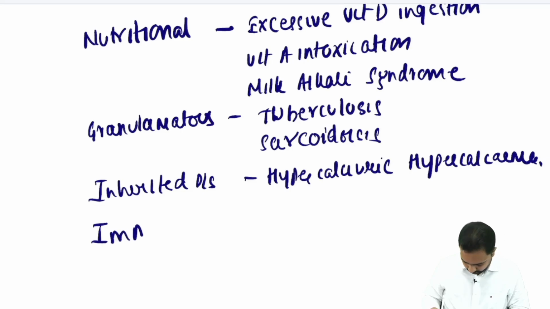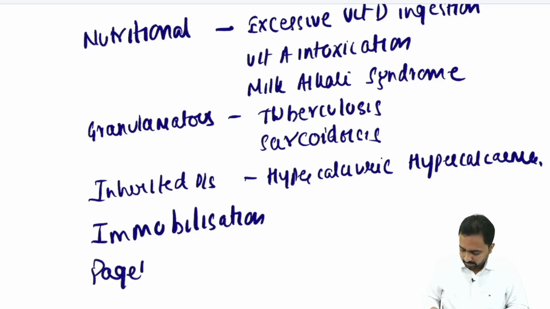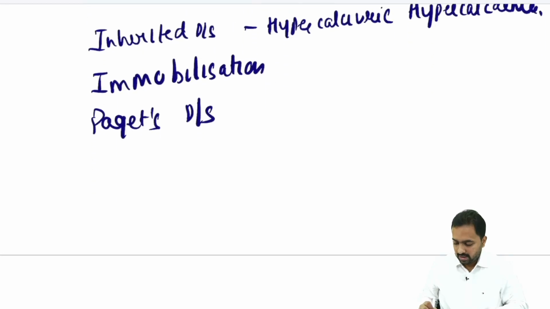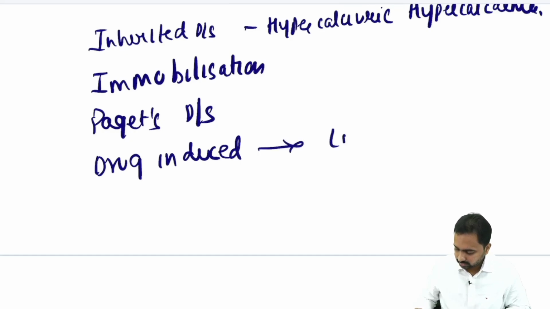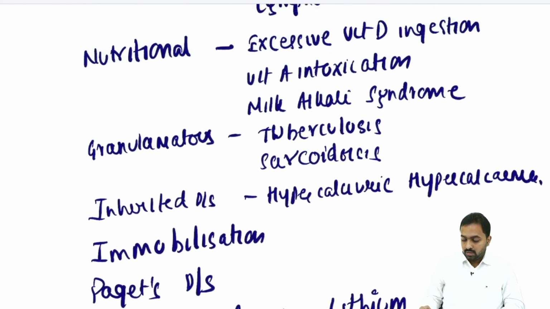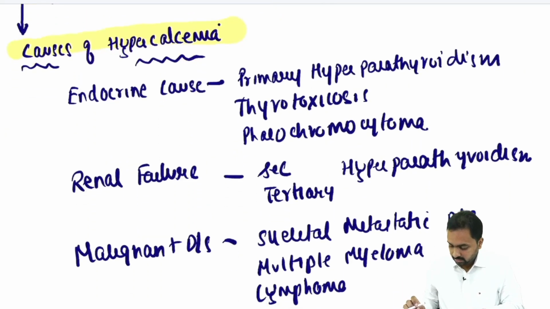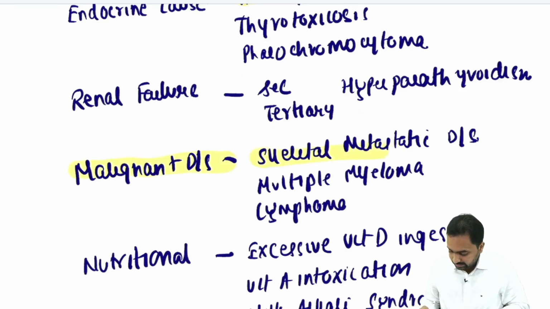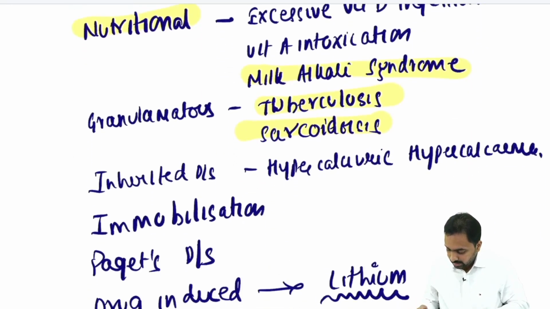It could also be due to immobilization, Paget's disease, and drug induced, which is lithium. So this is an important chart for remembering the causes of hypercalcemia. Just remember the most important: definitely the primary hyperparathyroidism, malignant disease, skeletal metastatic disease, nutritional milk alkali syndrome, tuberculosis, sarcoidosis, hypercalciuric hypercalcemia, drug induced lithium.